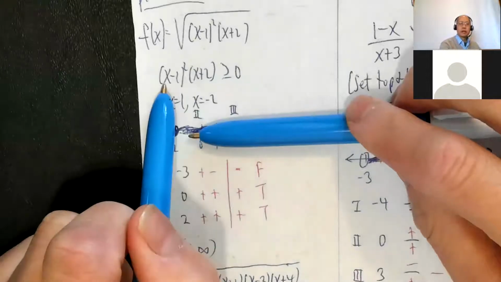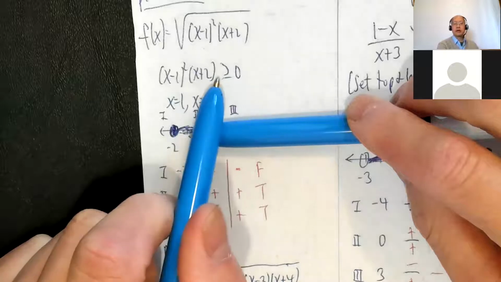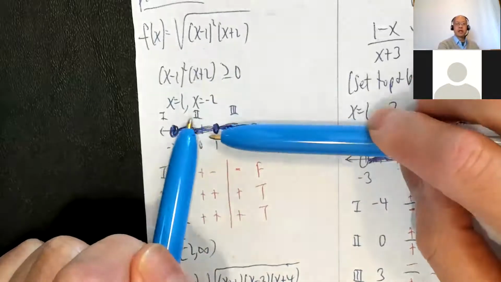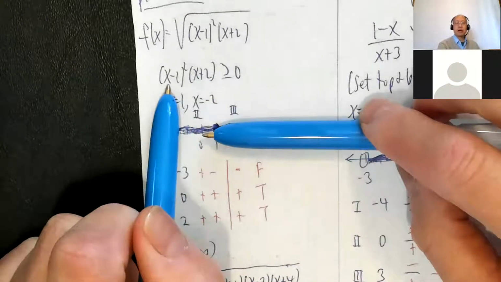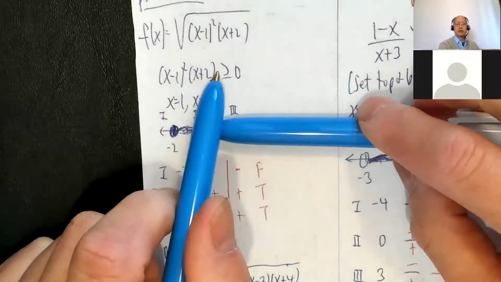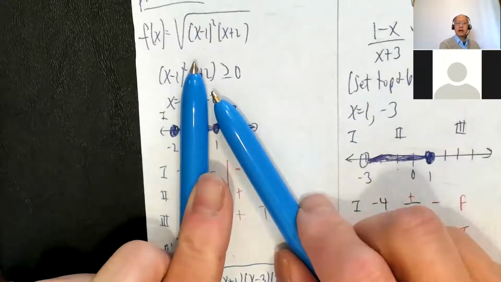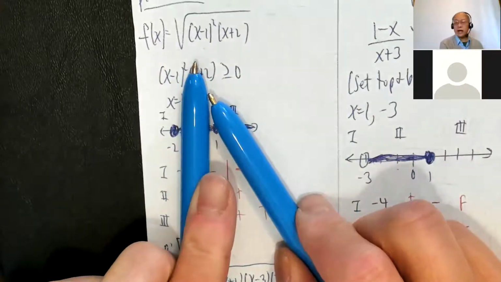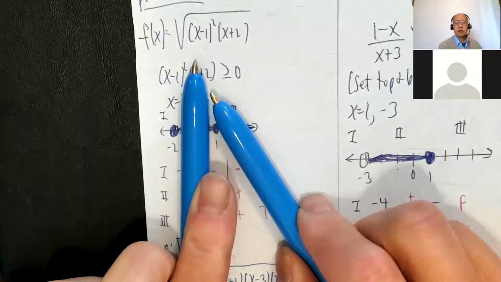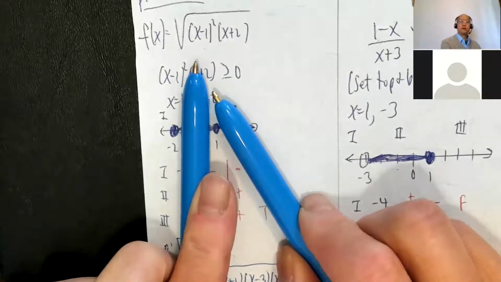Both are closed circles. If I plug in -2, -2 plus 2 is 0. It would say 0 is greater than or equal to 0. That's true. And likewise, if I plug in 1, 1 minus 1 is 0. 0 squared is 0 times whatever that is. It will say 0 is greater than or equal to 0. That's true. So at the moment, I have a closed circle at -2, a closed circle at 1. And then I have to decide, am I shading in regions 1, 2, or 3?